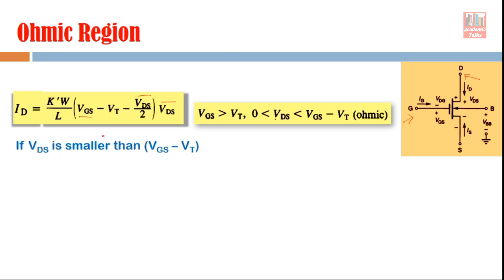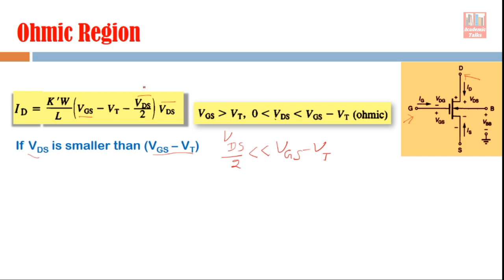We know that in case of the ohmic region, drain source voltage is smaller than VGS minus VT. So if your drain source voltage is smaller than VGS minus VT, then of course this VDS by 2 is much smaller than VGS minus VT, right? If VDS is less than this, then half of VDS definitely will be much smaller than VGS minus VT.